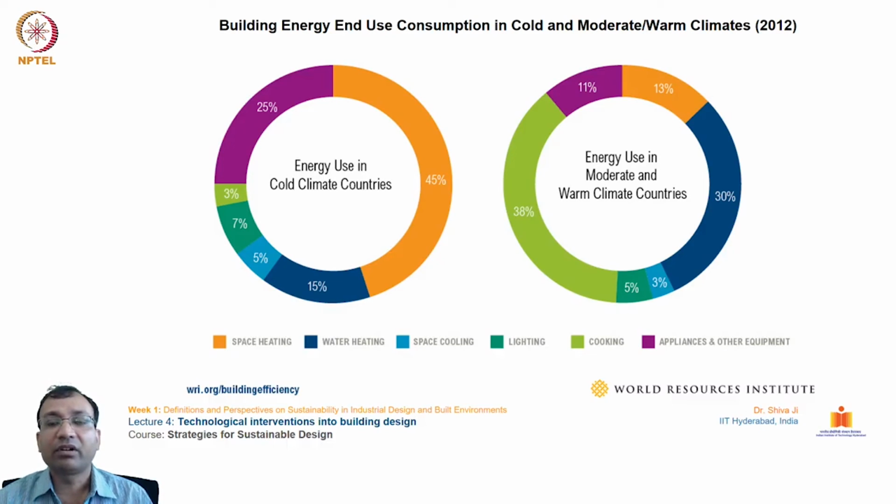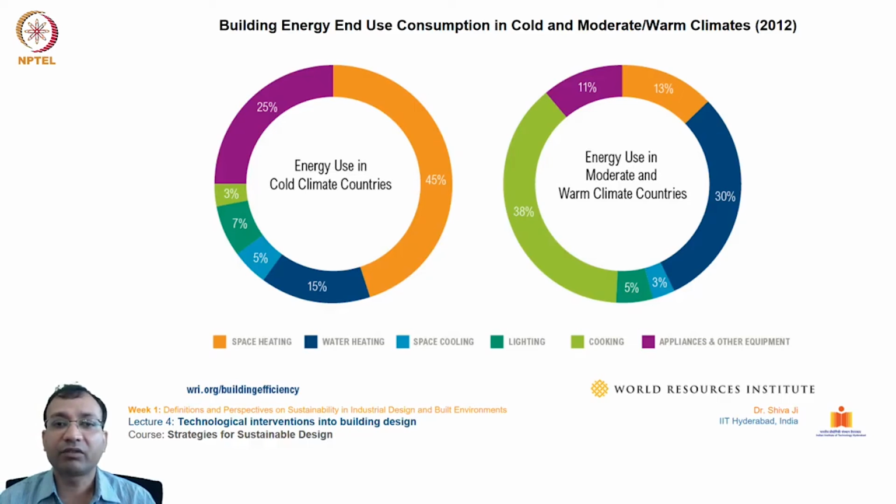But on the contrary, we have some other observations: 38% of the energy is used in cooking, which is the highest in these countries, and 30% of the energy is used for water heating. So water heating for several purposes, for kitchen use, for bathroom use, and several others. And space heating is required only 13%.